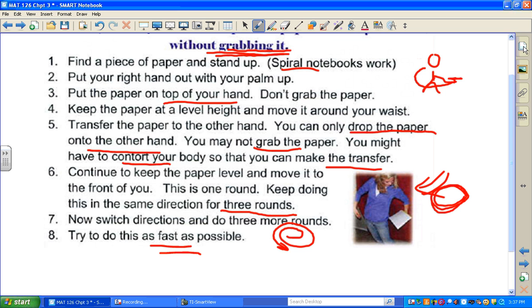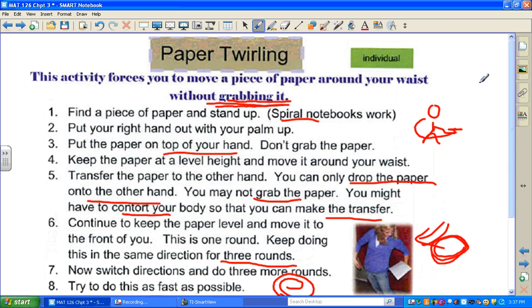All right, go ahead and stand up. Try not to make the person in the room, in my place, nervous. All right, get your piece of paper, give yourself some room, and start the brain break now, please, by passing the paper around your body, handing it off, trying to go 3 times. I am doing quite well, actually. I'm doing better than you guys.